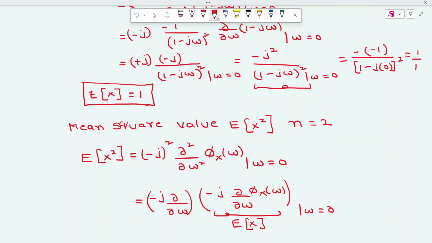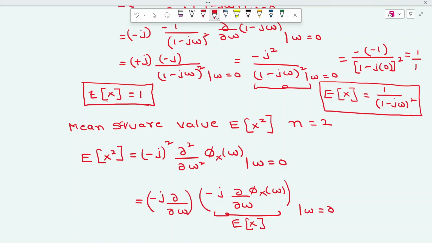Before substituting omega is equal to 0, the expectation of x will be 1 by (1 minus j omega) whole square. Before substituting omega is equal to 0, this is the expression. So I will use this expression here.